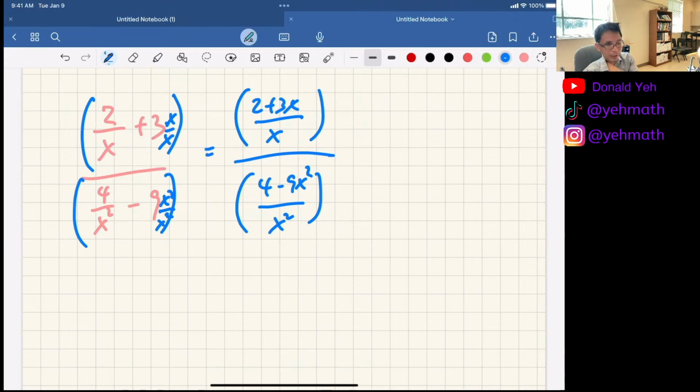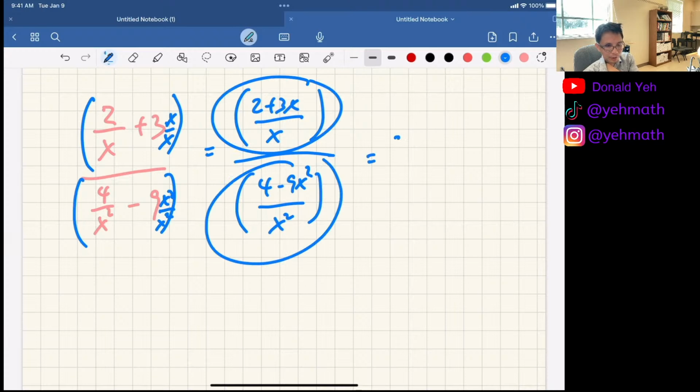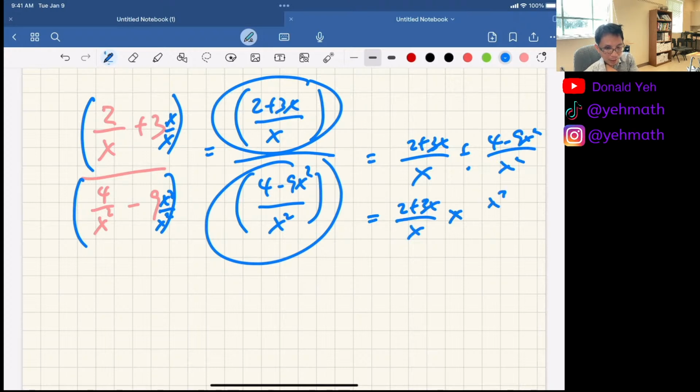Yes? Okay. So now this means this quantity divided by this quantity. So it'll be 2 plus 3x over x divided by 4 minus 9x squared over x squared. So when it's divided, keep change flip. That becomes times x squared over 4 minus 9x squared.